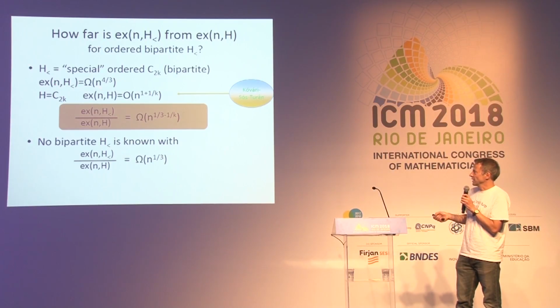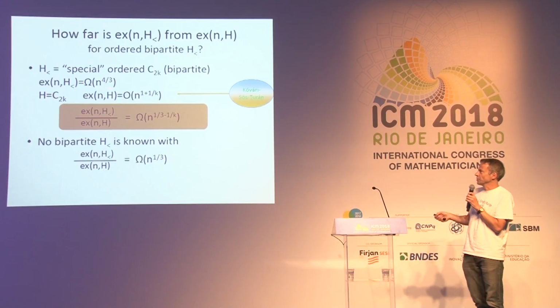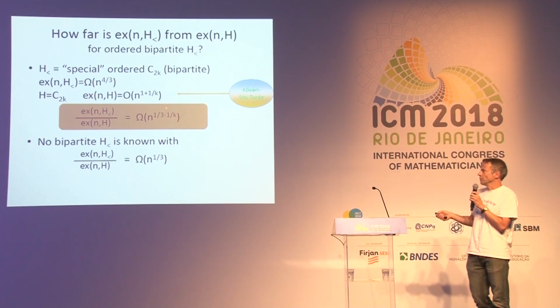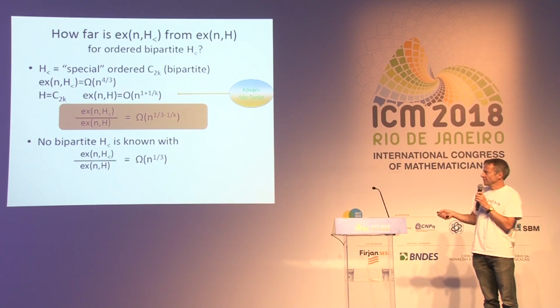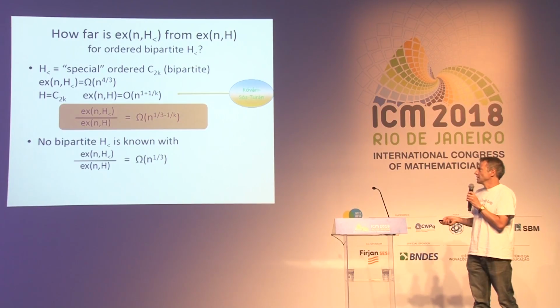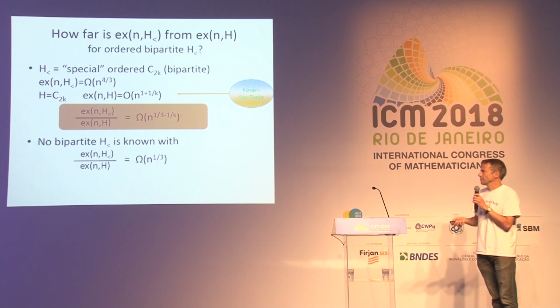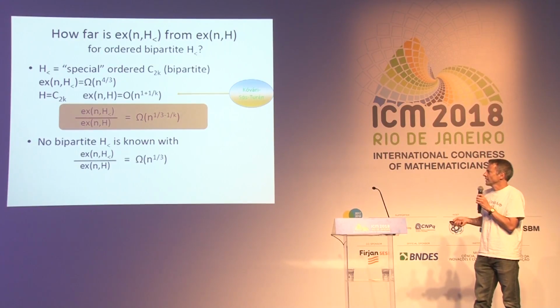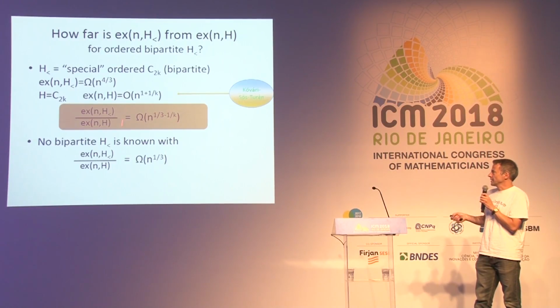Well, the construction gives n to the 4/3, and if you want to avoid the long cycle, then you can do it with more than n edges with an exponent, but the exponent will be very close to 1. And this is the best ratio that we know.